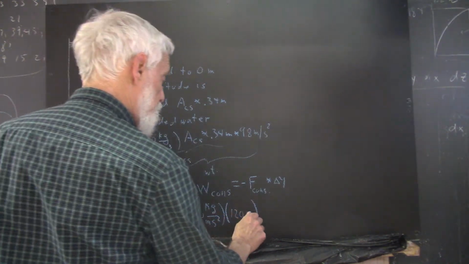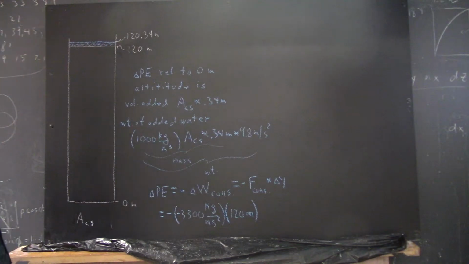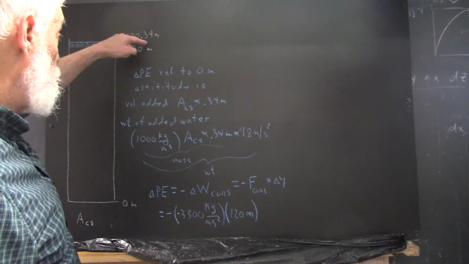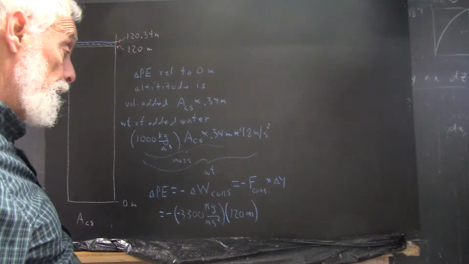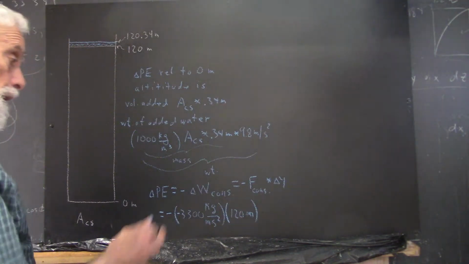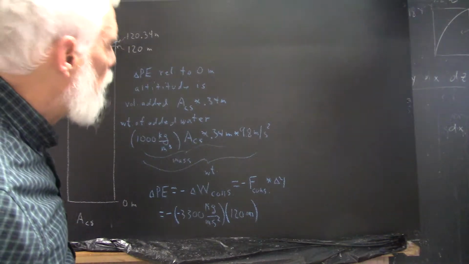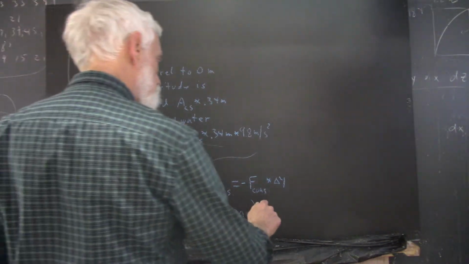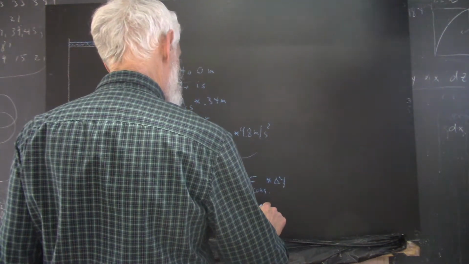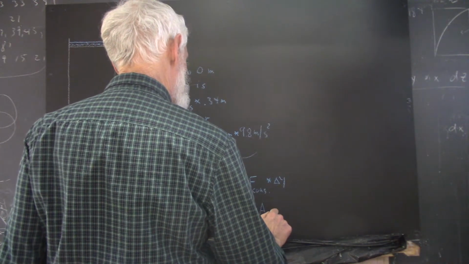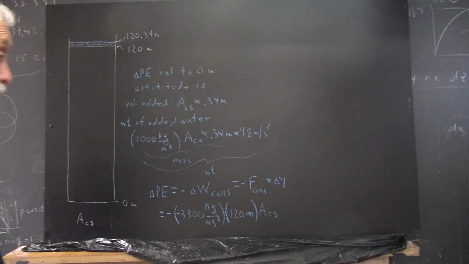Now we could split hairs and say, well, you know, we should use 120.17, which is halfway between here and here, and we could argue that. But since I'm going to do most of the numbers pretty approximately, we'll stick with this. And then that's times, of course, our cross-sectional area.